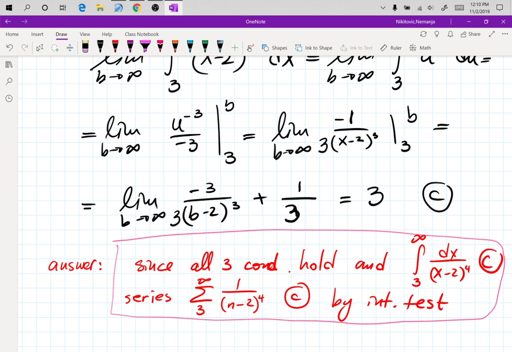Yeah, you're right. It is 1/3. But we can't tell anything about the actual number for the series, so it converges anyway. We just don't know where.